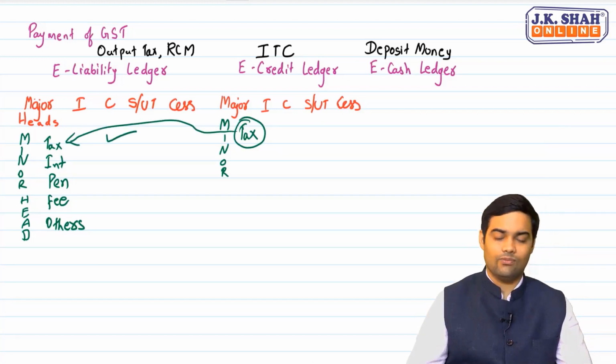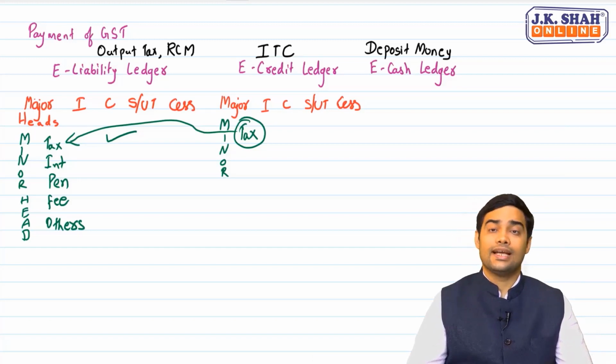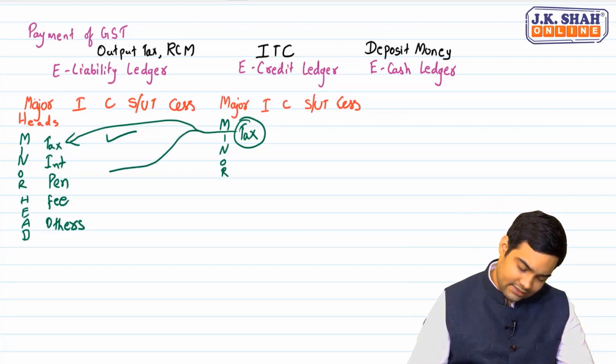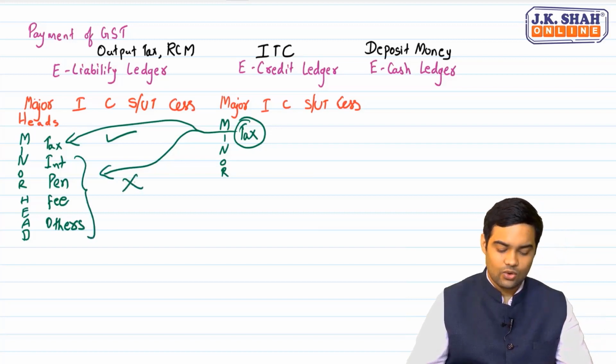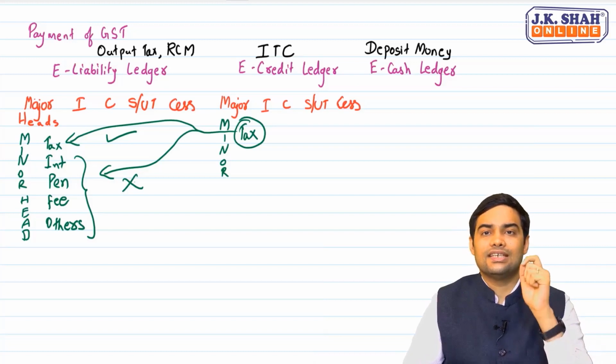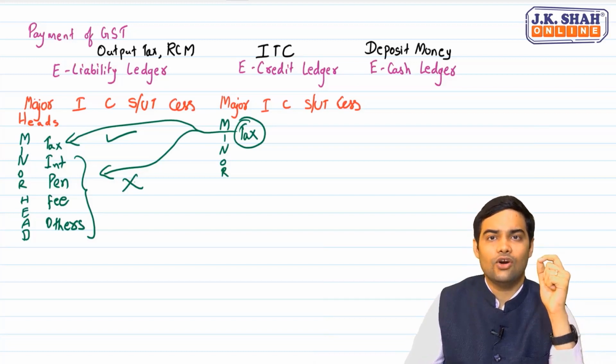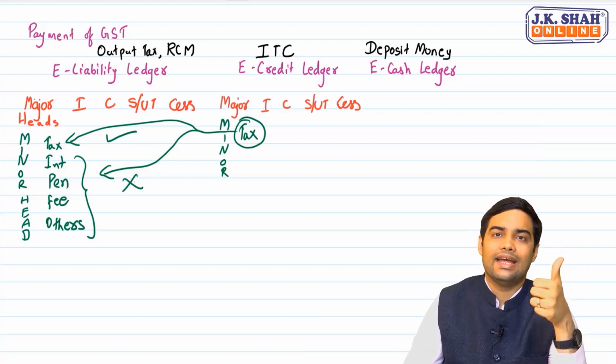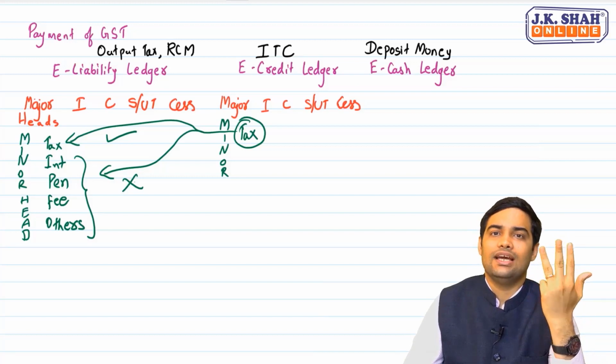The answer is obviously yes. Can I use tax to pay interest, penalty, fee, others? The answer is no. So remember one thing, that tax can be adjusted only to pay a liability of tax, not to pay interest, penalty, fee, others.